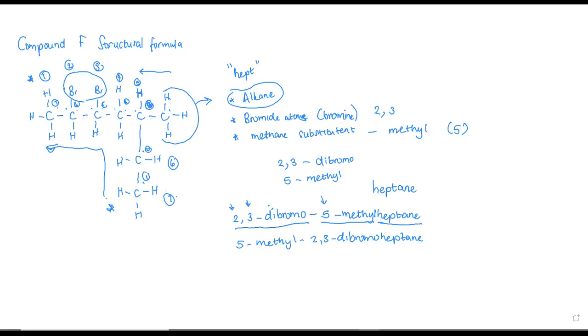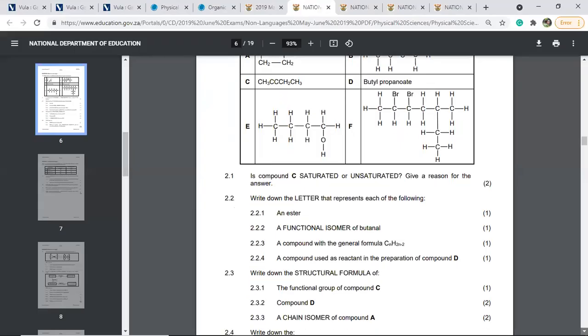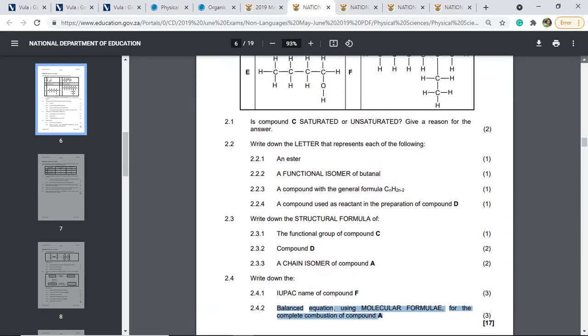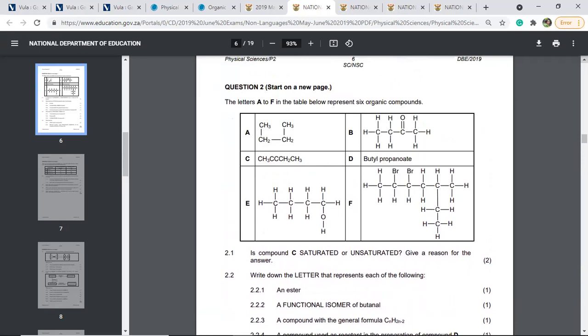Okay, so the next question, which was question 2.4.2, was asking for a balanced equation using molecular formulae for the complete combustion of compound A. So what is this combustion they're talking about? Well, combustion is basically when a substance reacts with oxygen and then they release heat, and if I'm not mistaken, water is also produced.